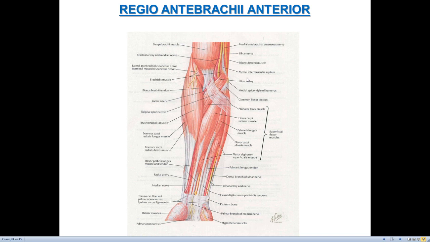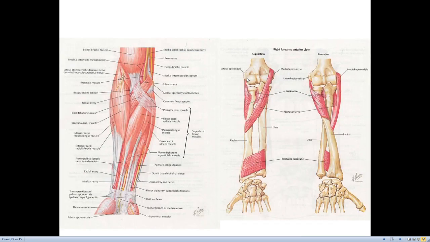Fascia antebrachial proper covers the muscles, which form their vaginas. We can distinguish four layers of the muscles. First layer includes brachioradial muscle, pronator teres, flexor carpi radialis, palmaris longus, and flexor carpi ulnaris muscles.